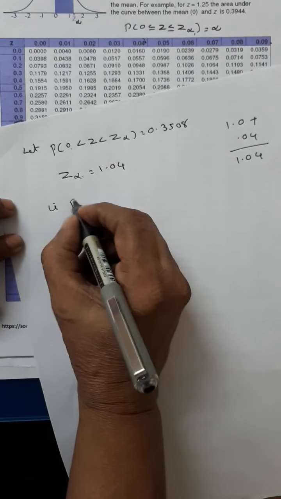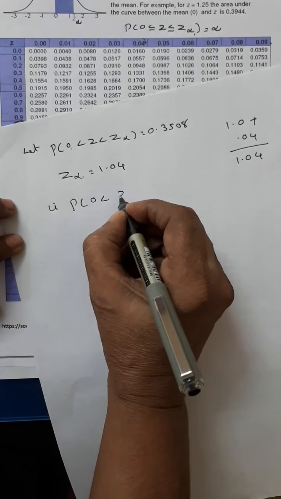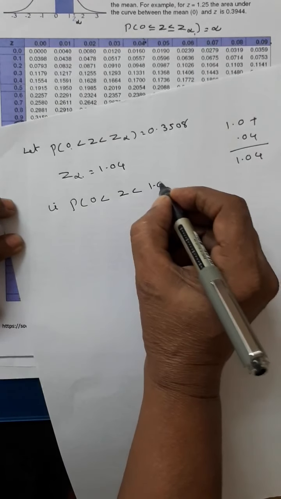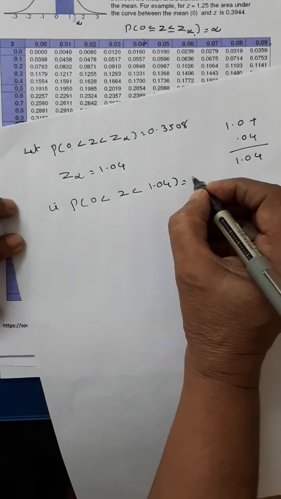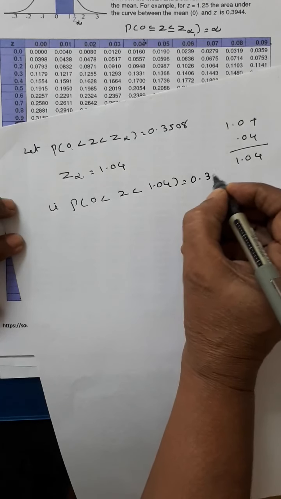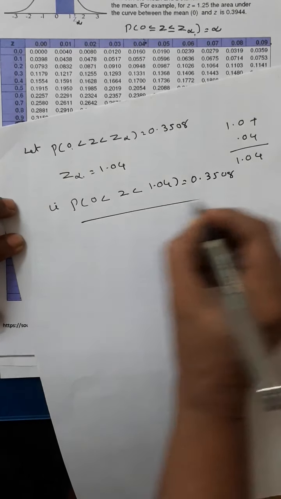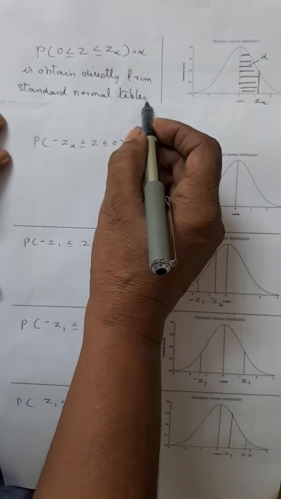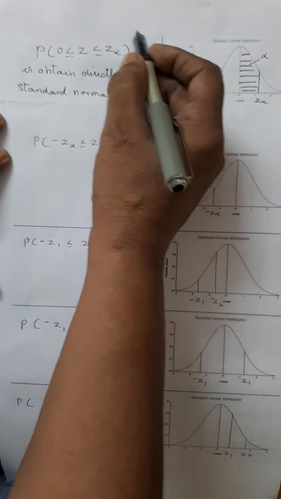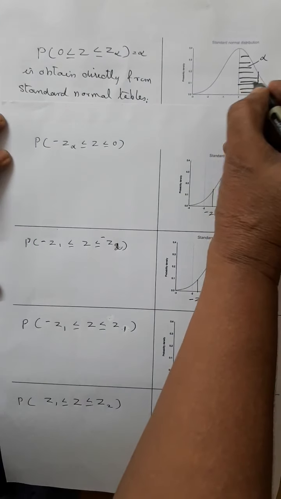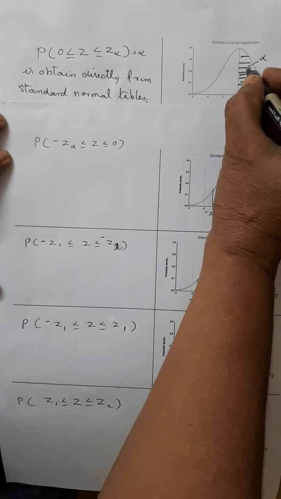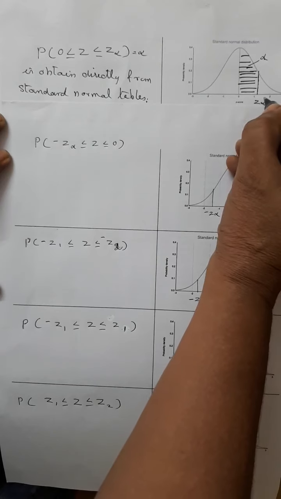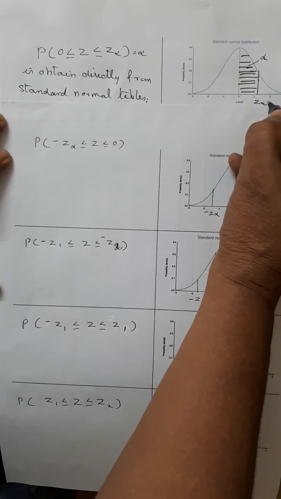That is, P of 0 less than Z less than 1.04 is 0.3508. From the standard normal tables, we can directly obtain the shaded portion alpha or its ordinate z alpha.